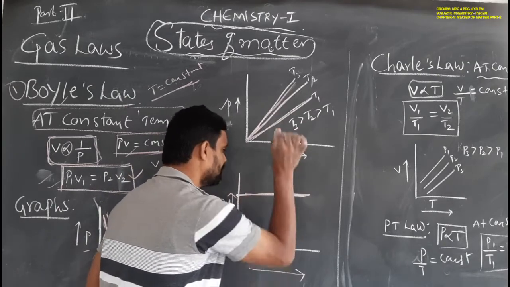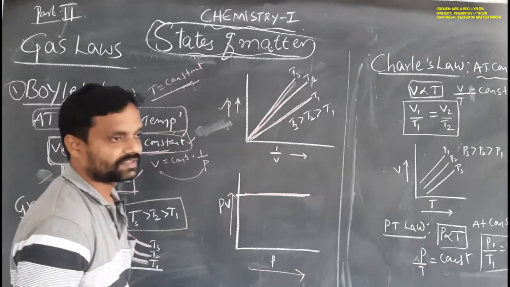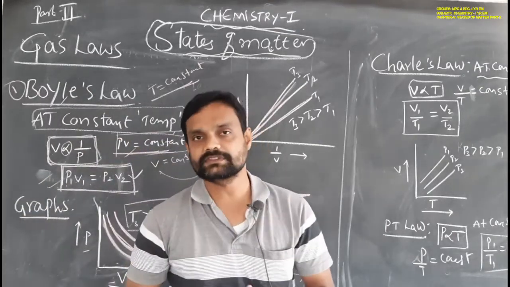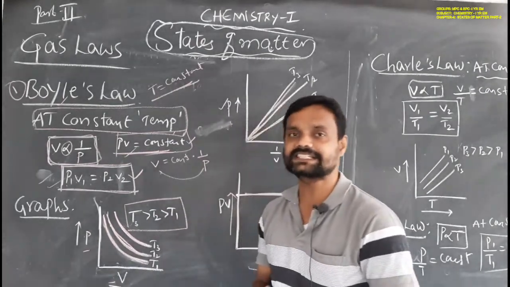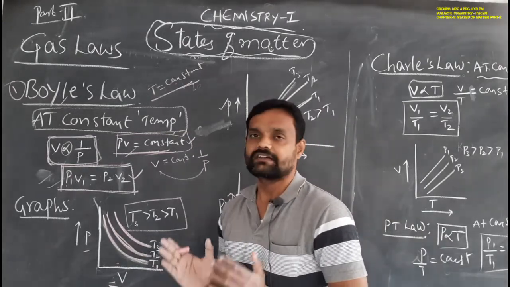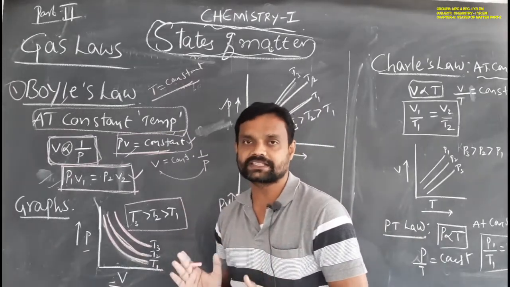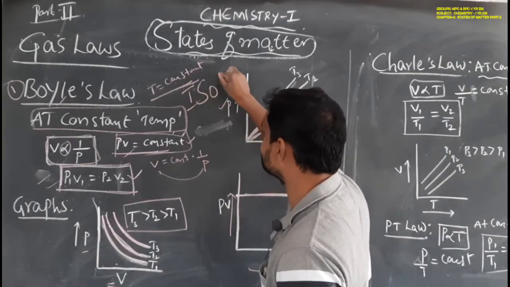This is the simple graphical representation of Boyle's law. These graphs we should draw at a constant temperature. At a constant temperature, when we draw the graph between pressure and volume, that is called isotherms.